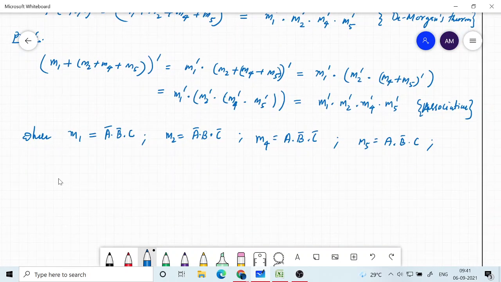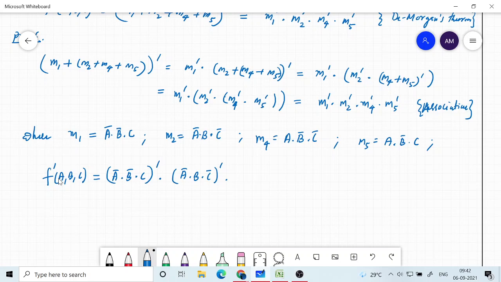So now what I need is the complement of it. F complement of A, B, C is basically equal to A bar dot B bar dot C complement dot A bar dot B dot C bar complement dot A, B bar, C bar complement dot A, B bar, C complement.